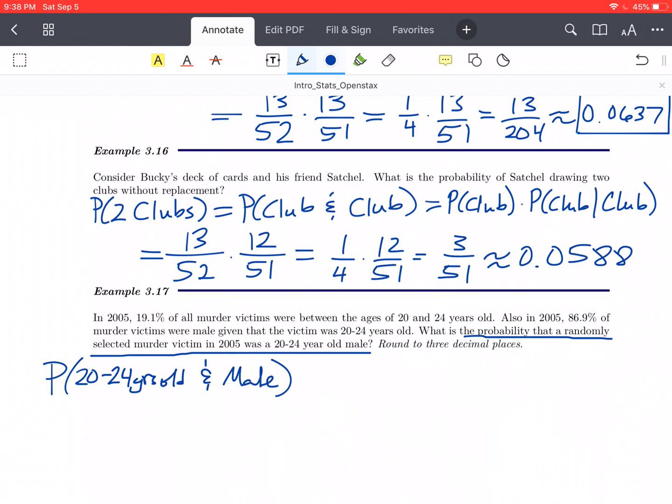So we're looking for the probability of those two things both occurring. So to find that using our conditional probability, we get the probability that the victim was 20 to 24 years old times the probability that they are male given that they're 20 to 24 years old.